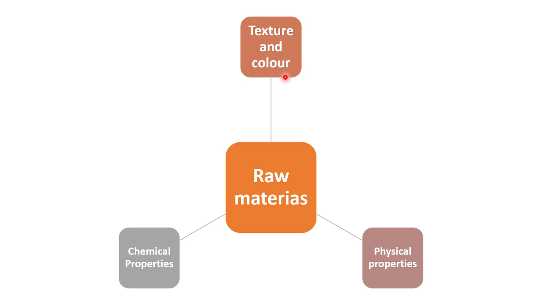Let's say if it is natural rubber, you sometimes get it in sheet form or bale form. You may see the color of NR is usually brown, but depending on the intensity of that brown color, the property actually varies.